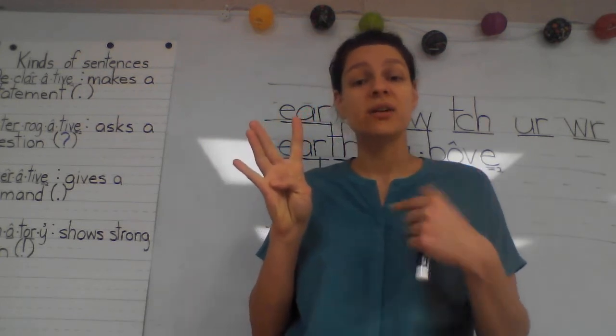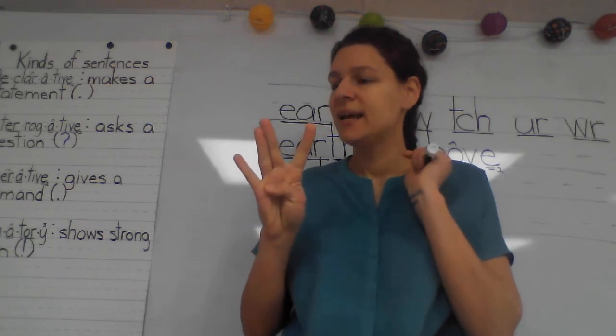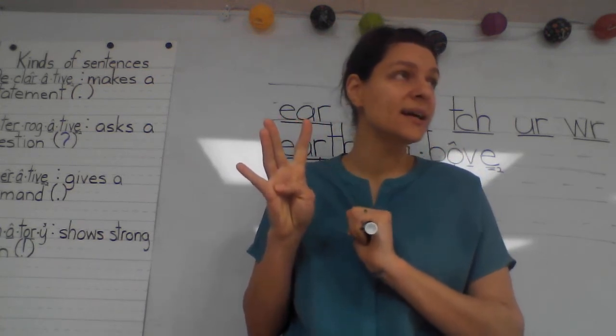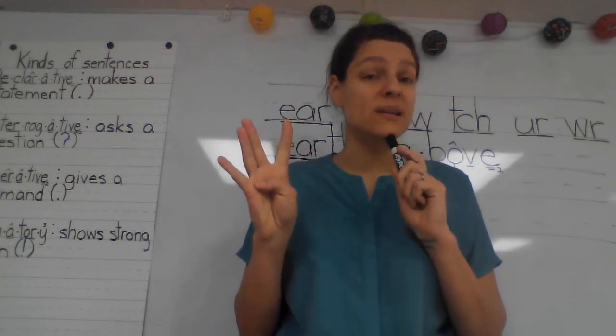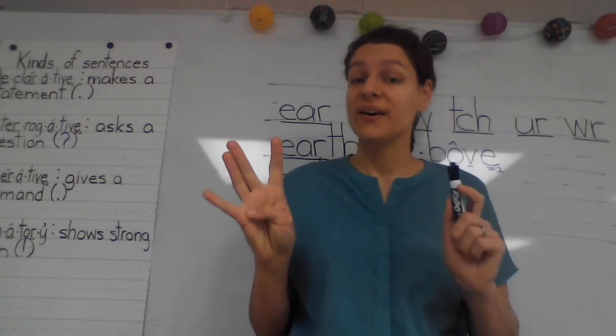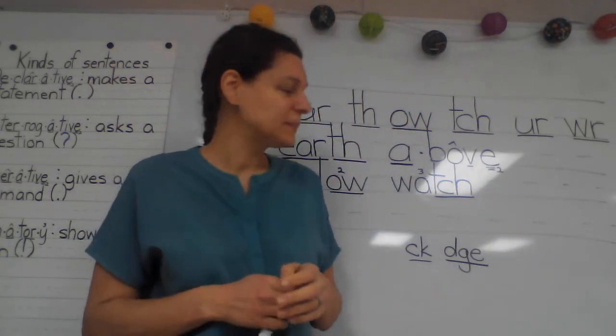Good. Our sounds in turn are t, ur, n. In turn, our ur is the ur of hurt. Class, which ur do we use in turn? Good, the ur of hurt. All right, say the sounds in turn while you write them.